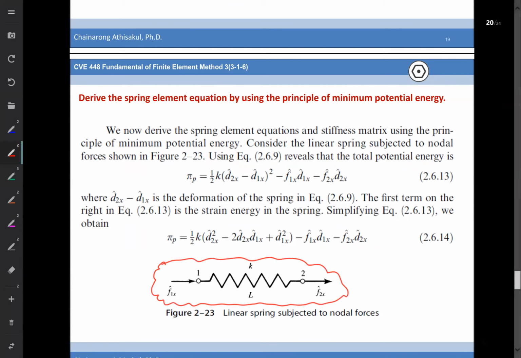The spring has two nodes, and node number 1 has the deformation of d1x, node number 2 has the deformation of d2x.